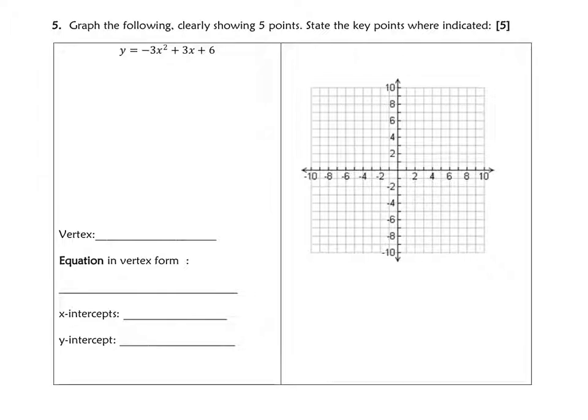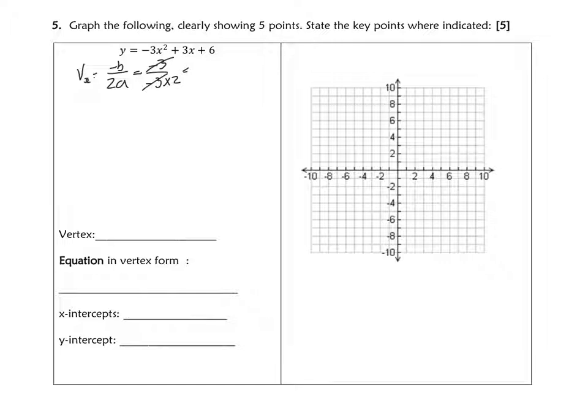The next equation is to graph the following by finding 5 points, which are the vertex, x-intercepts, and y-intercept. So the first thing, to find the coordinate of the vertex, I'm going to use the shortcut. I'm going to say the x-coordinate of the vertex is minus b over 2a. Minus b is minus 3, because b is 3, over 2a, which is negative 3 times 2.